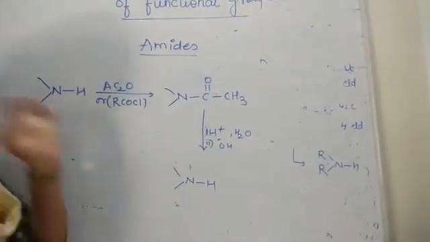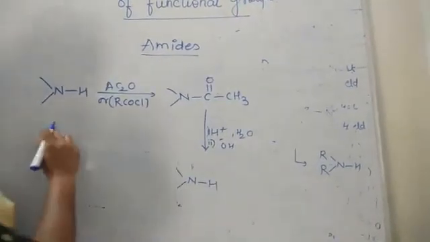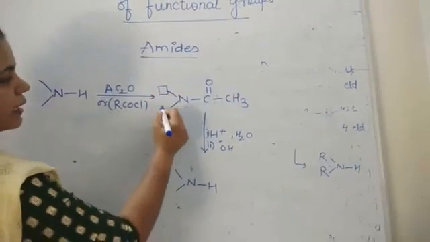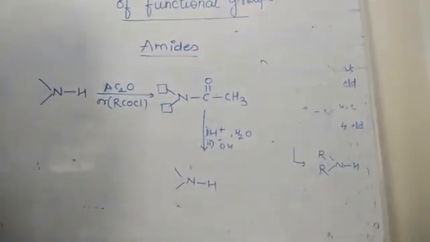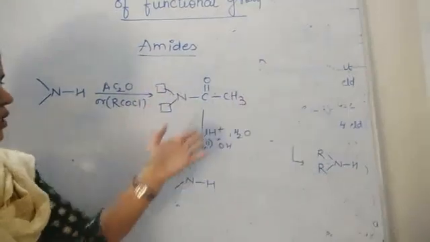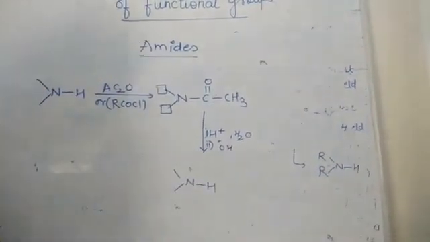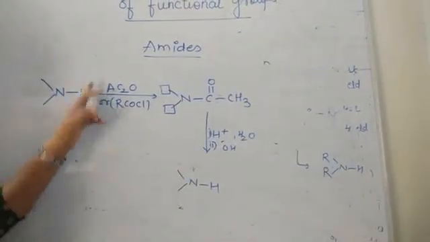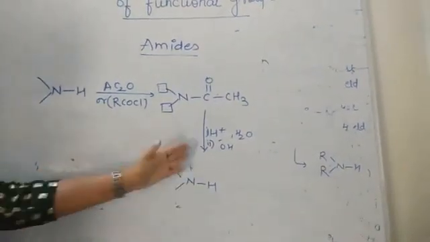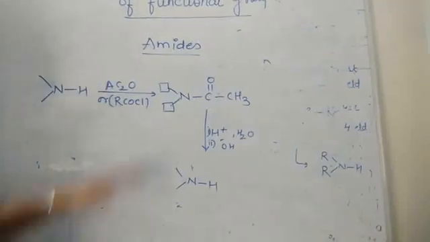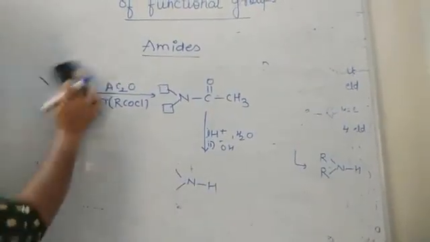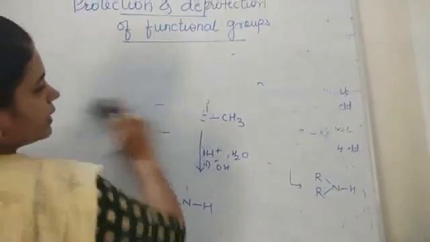So this is the reaction for this. Now after protecting, these two sides are easily available for different types of substitution reactions, and the reaction is carried out in presence of these reagents and deprotected in presence of strong acid. So these are the amides, which are one of the methods of protecting amines.